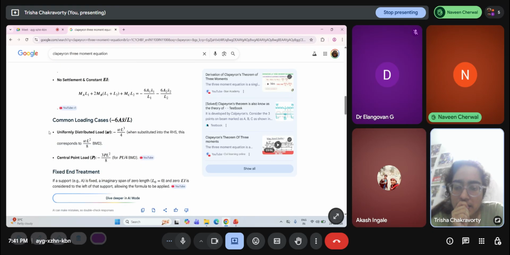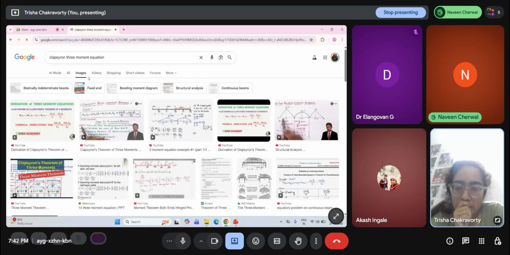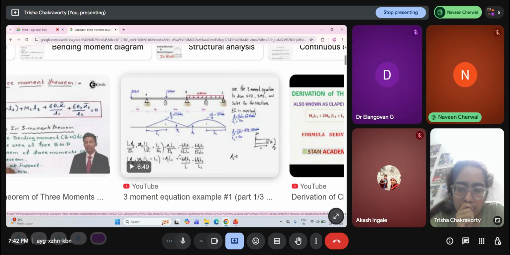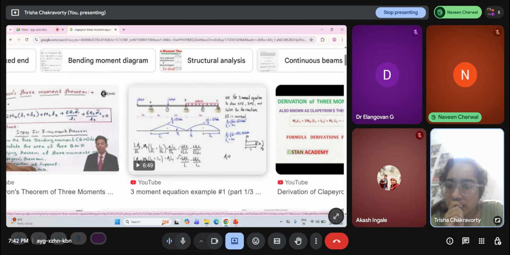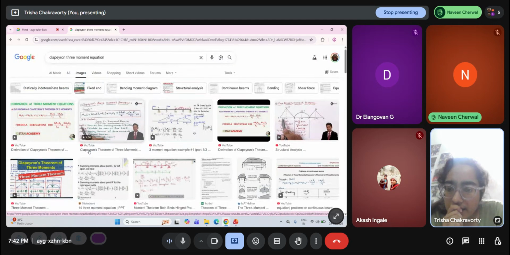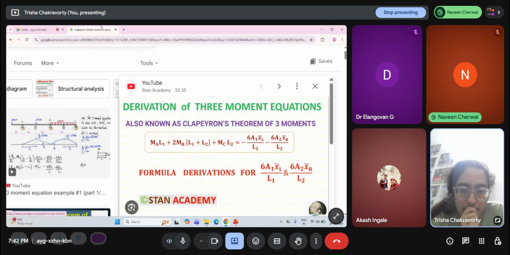Let's see, one second. Is this related to a force method? I think this is a displacement method, right? Clapeyron, wait, let me see.